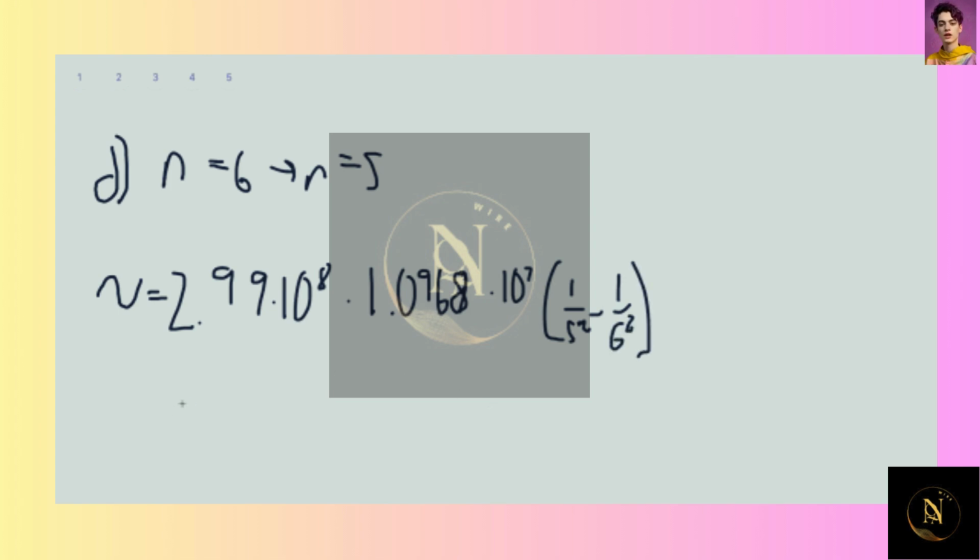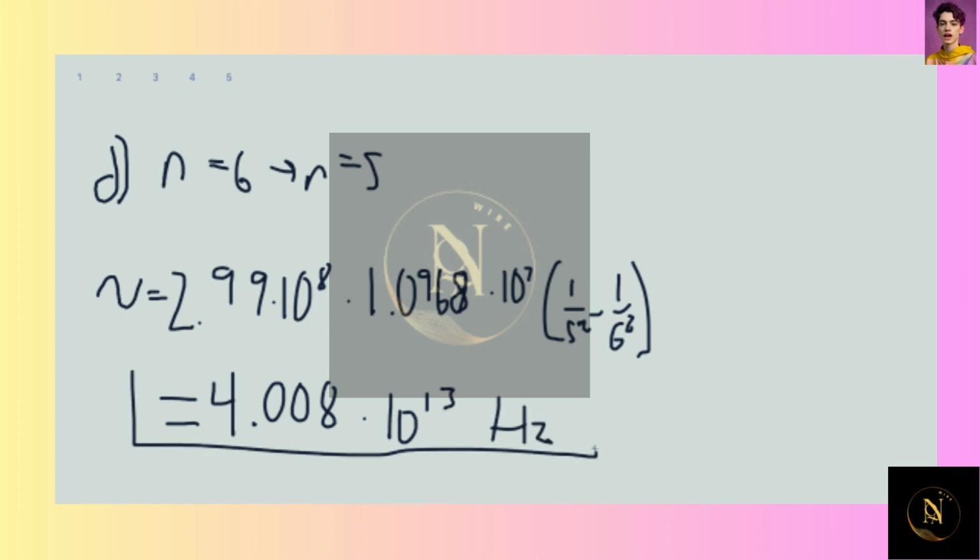And when we solve for this, our final answer is 4.008 times 10 to the 13th hertz. And that is our frequency for letter D.